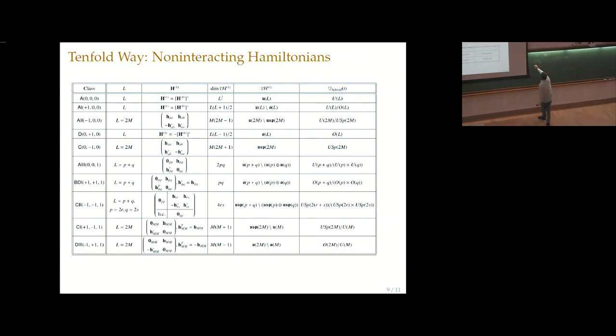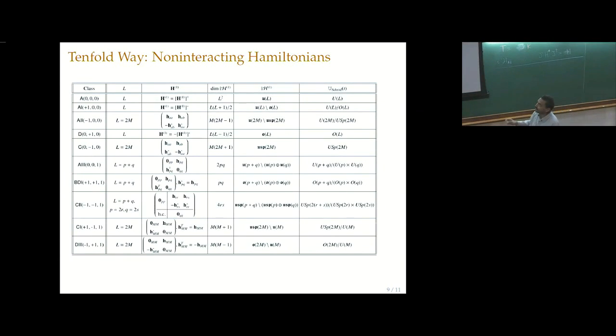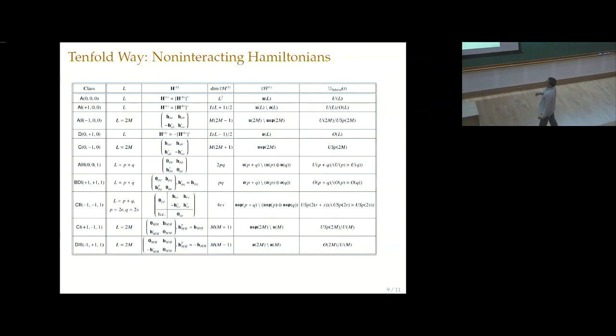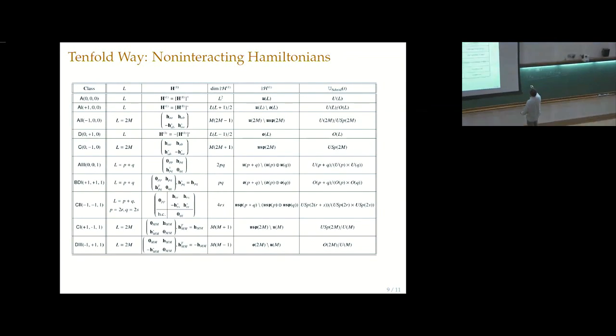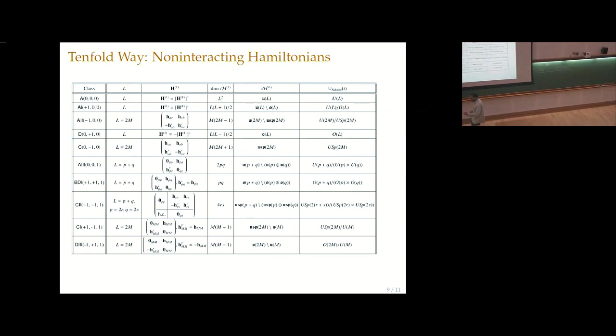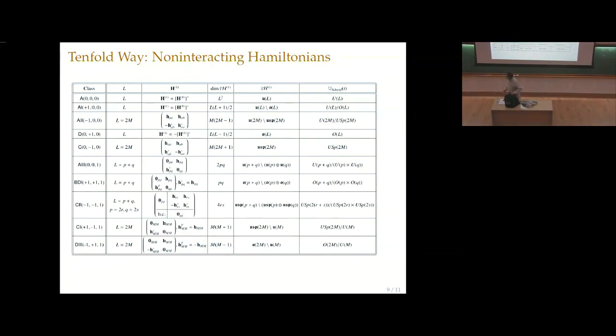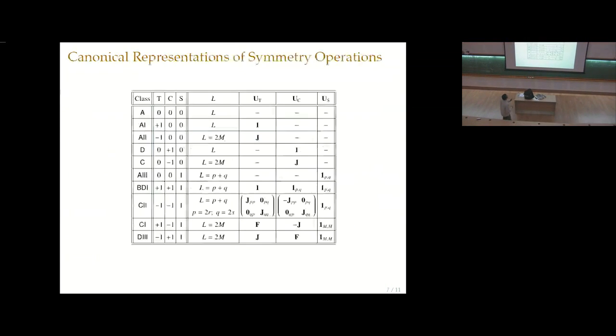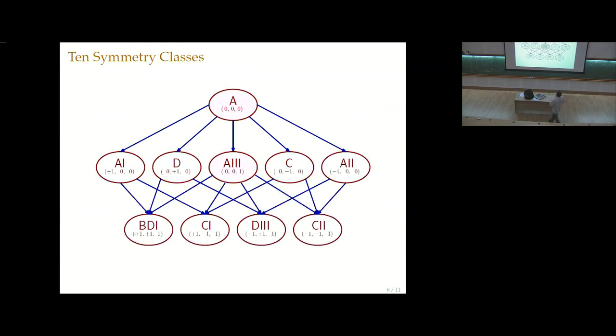So I'm going to go to the class where we introduce charge conjugation, right? So the charge conjugation, the first class is D. Let me go back to the other picture. Okay, let me go to this class where we have the charge conjugation matrix, right?